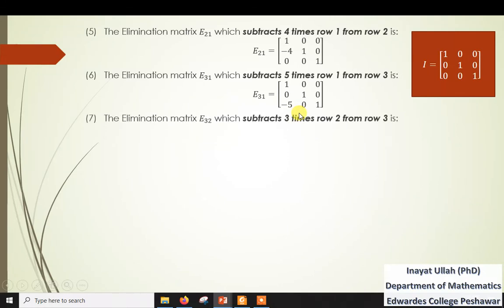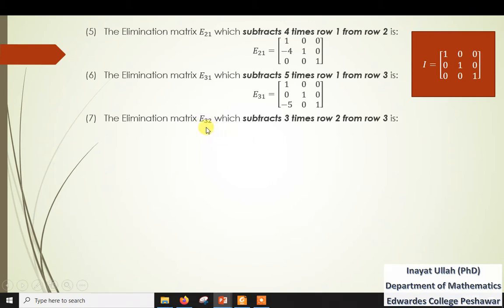Now for example, the elimination matrix E32. Here we will consider row 2 and row 3. The elimination matrix E32 subtracts 3 times row 2 from row 3. You may write here 4 times, 6 times, 7 times; that is actually an example.